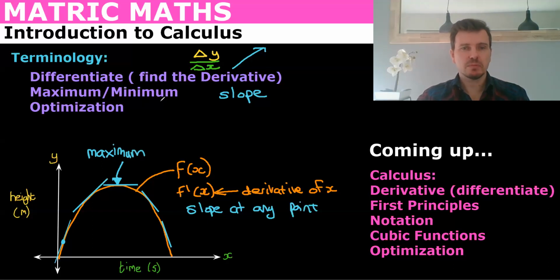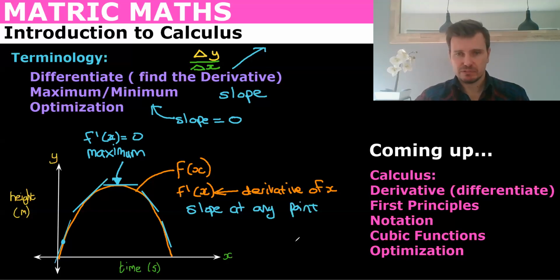And so our maximum and our minimum is where our slope or our derivative is equal to 0. So in other words, our f dash of x is equal to 0 where there's a maximum, okay? Now, if I had a smiley face parabola, we would have the f dash of x equals 0 still at that point. In other words, the derivative is equal to 0 and we would have a minimum.